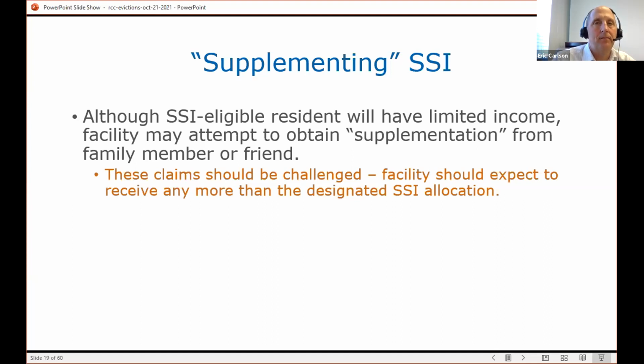It shouldn't be the obligation of a resident's family members and friends to pay on top of SSI. Again, this varies from state to state as to how strong the law is here, but oftentimes there are provisions that limit a facility's ability to bill on top of whatever the SSI allocation is. Next slide, please.